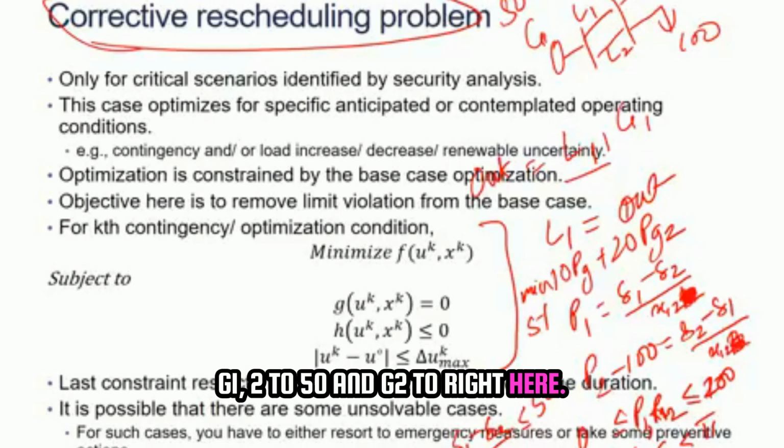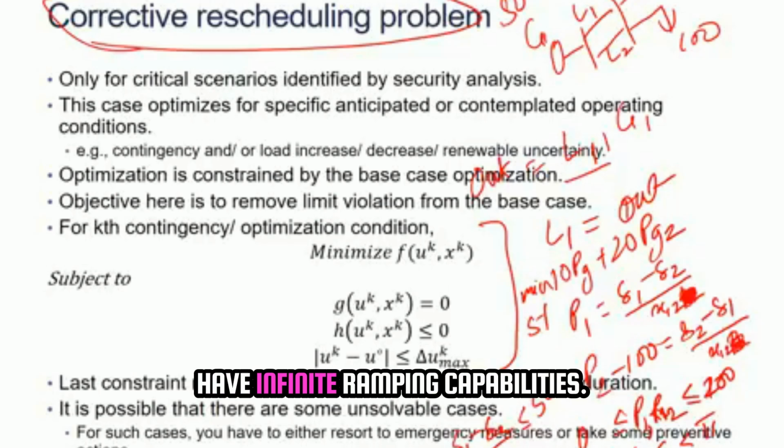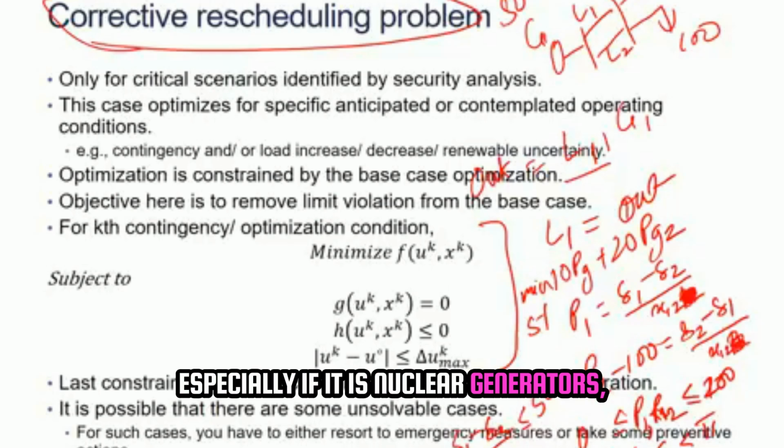Right? A caution here: I mentioned that the generators have sufficient ramping capabilities, but obviously in practical situations you cannot have infinite ramping capabilities. Generators are mechanical machines, they cannot ramp up that fast, especially nuclear generators.